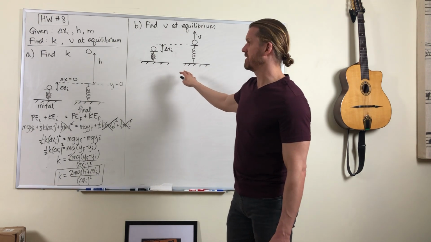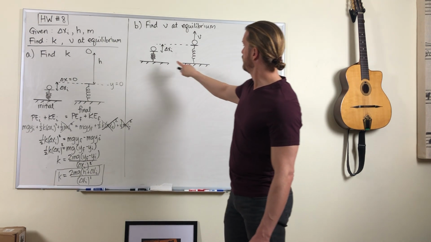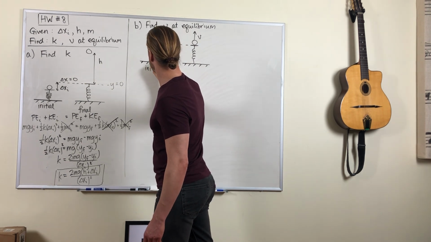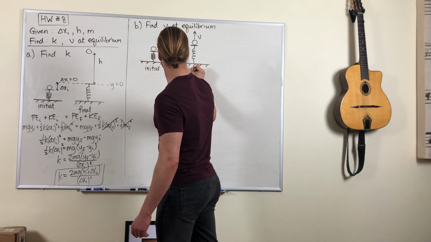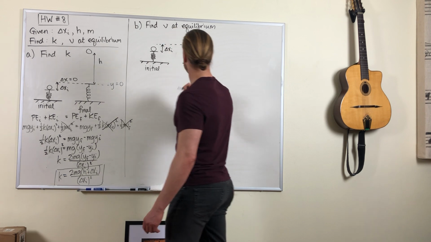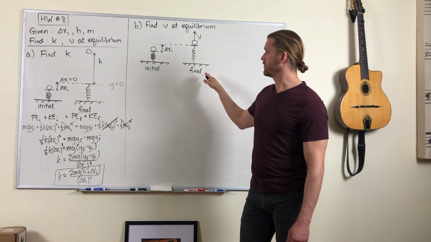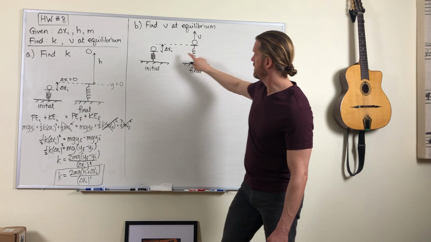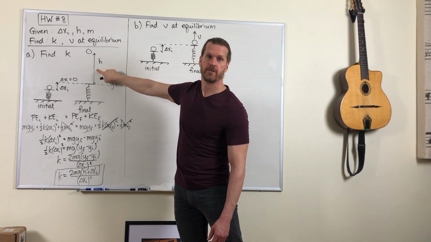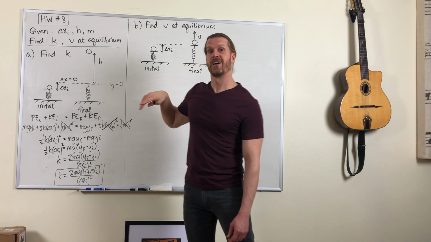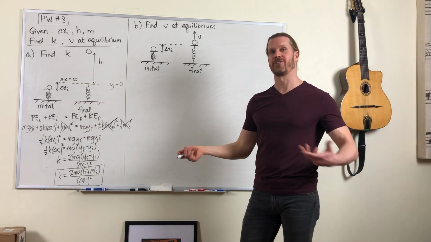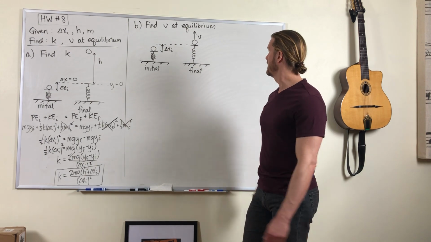To answer part B, you could do it using these two pictures like I already drew. Or if you wanted to, you could analyze it using this picture and this one. It doesn't matter which two you use because the total amount of energy is always the same no matter what.